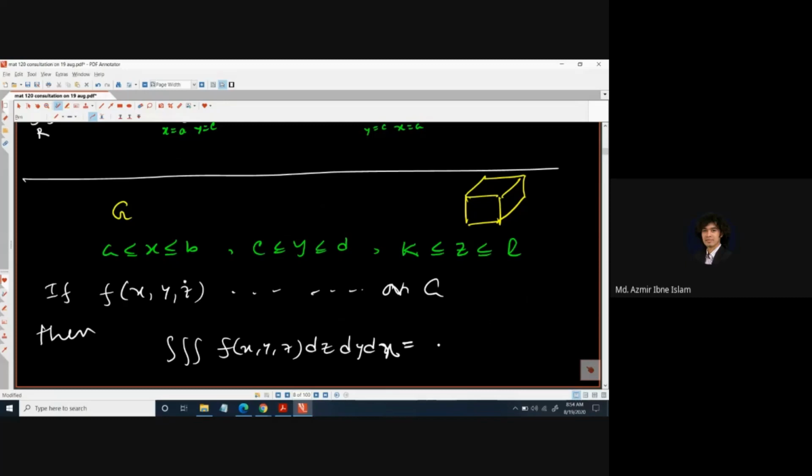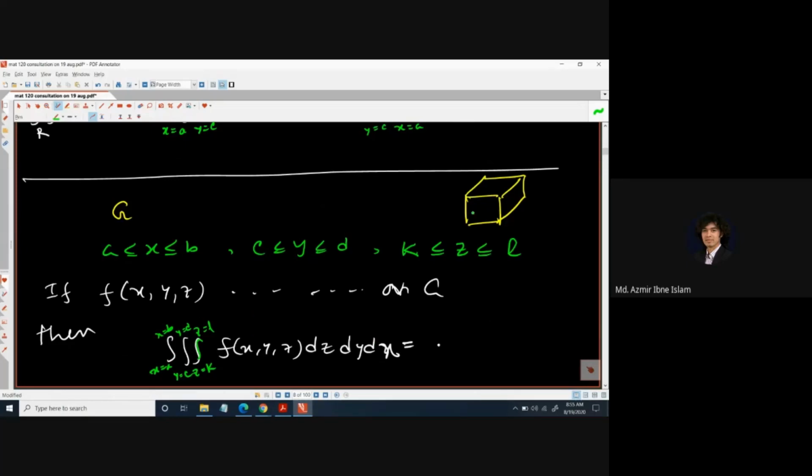Since dz comes first, the third integral will be for z: z equal to k, the lower limit, z equal to l, the upper limit. Then y equal to c, y equal to d. Then x equal to a, x equal to b. So this is how we can evaluate the triple integral.